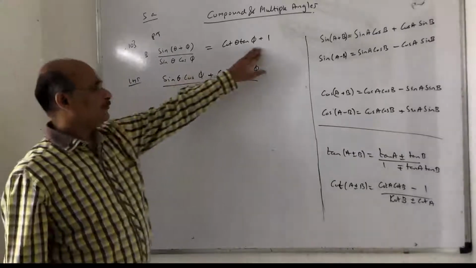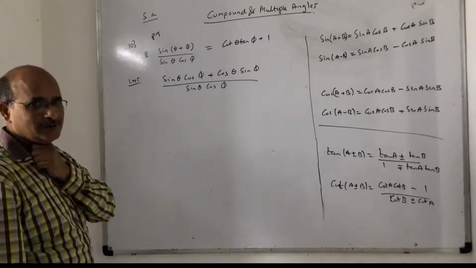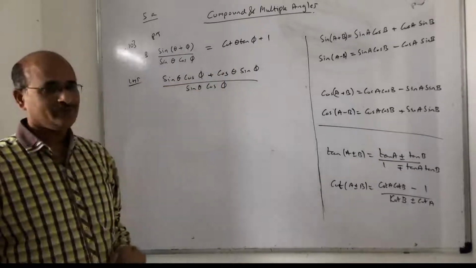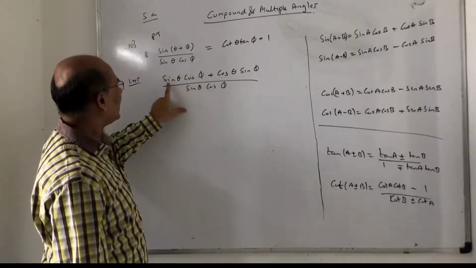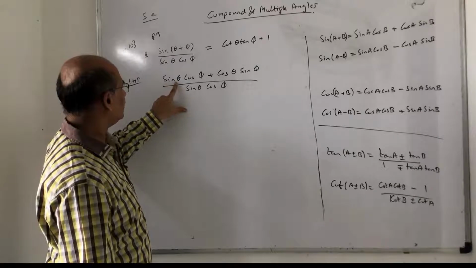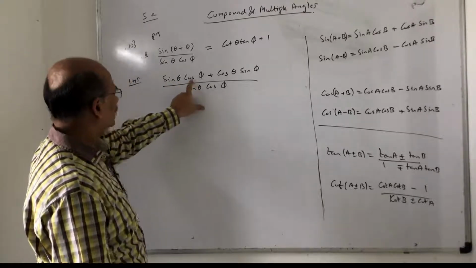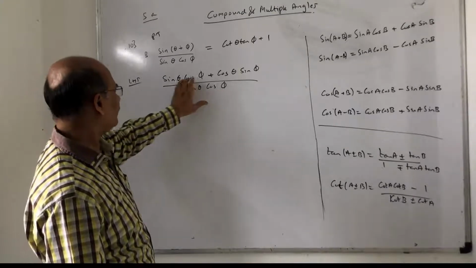I want to prove something of this nature. The best way to deal with it, I don't have any clue. What I can do is, can I divide both of them by sin theta cos psi? Because just see, sin theta upon sin theta, cos psi upon cos psi, this will become 1.